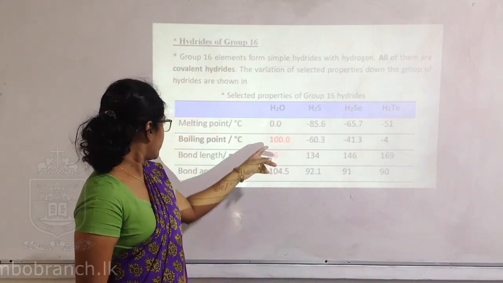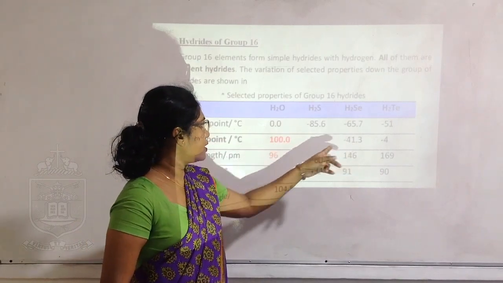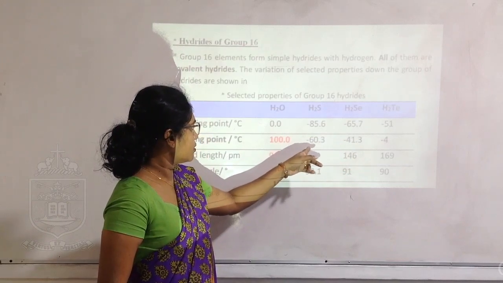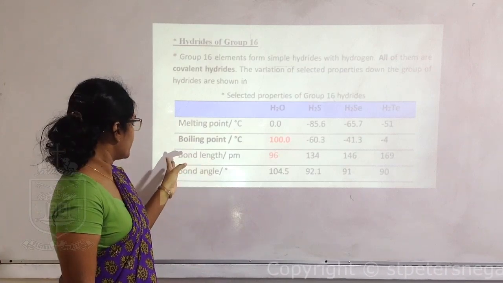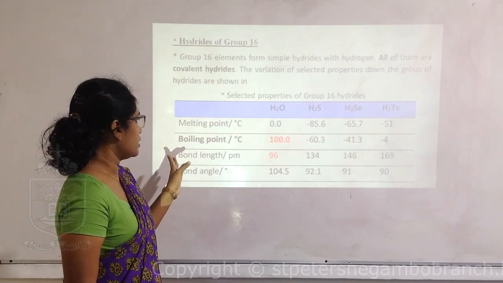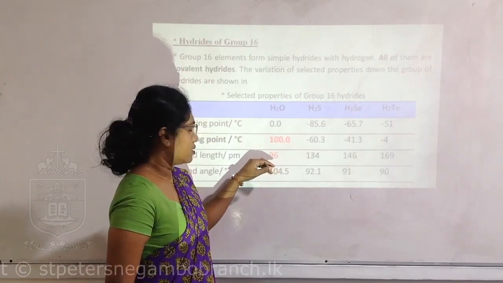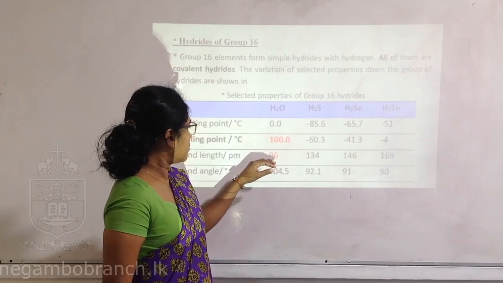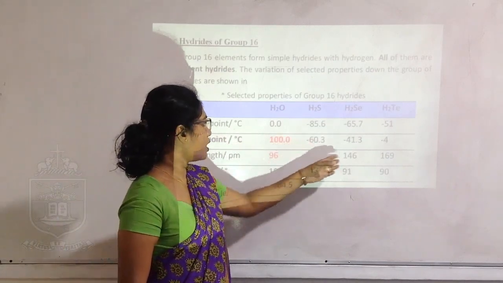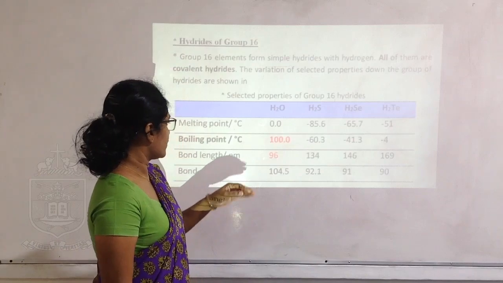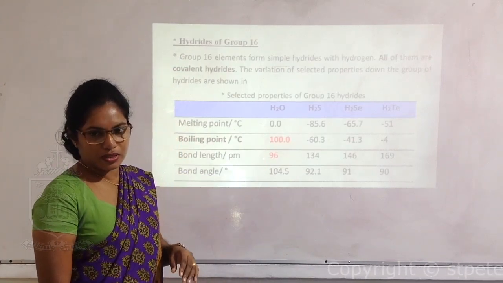Water has a higher boiling point, but other hydrides have very low boiling points. And for bond length, water has a smaller bond length than the other elements, but it has a higher boiling point.